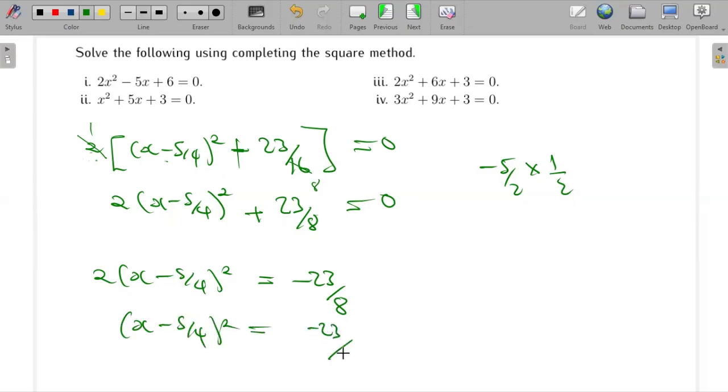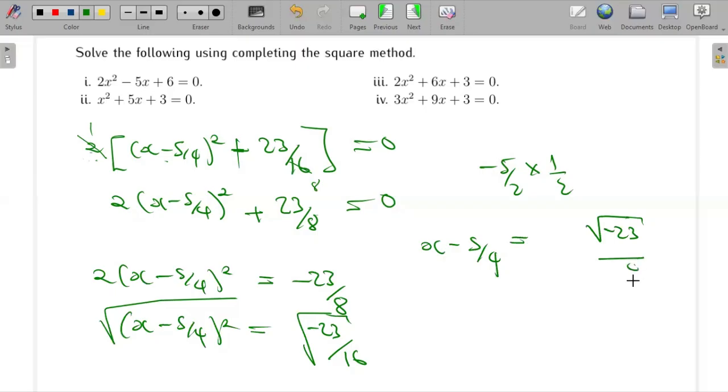Negative 23 over 16. And then you can get the square root there and the square root there, such that you have x minus 5 over 4. And then negative 23 is on top, and the square root of 16 is just 4, so you get 4 there.